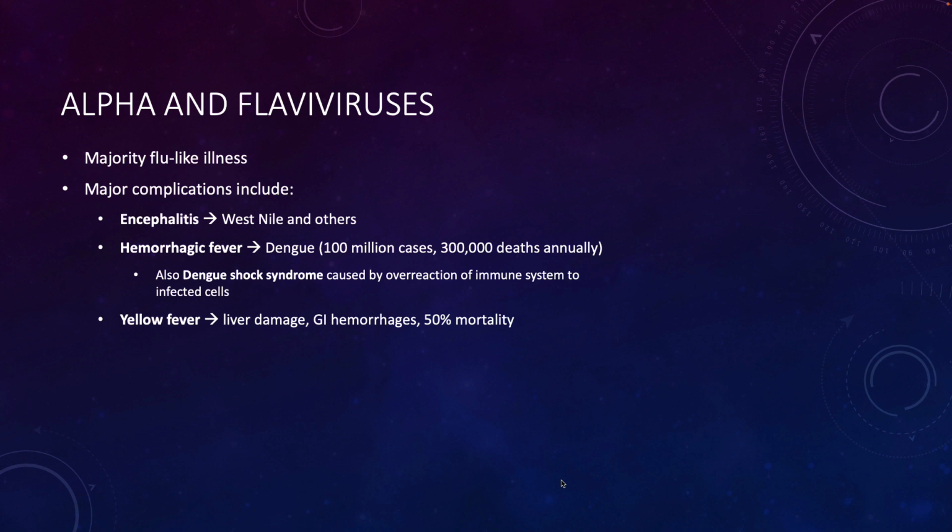Dengue is pretty common, 100 million cases per year, 300,000 deaths. There's also something called dengue shock syndrome, which is caused by the overreaction of the immune system to infected cells. Yellow fever can cause liver damage, GI hemorrhages, and when that happens, there's about a 50% mortality. So it's a very dangerous infection.